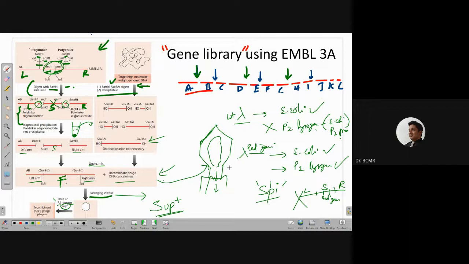Even if it gets packaged into the head particles, it will fail to form plaques. That means only the recombinants with the left fragment and the right fragment will form plaques on P2 lysogen.